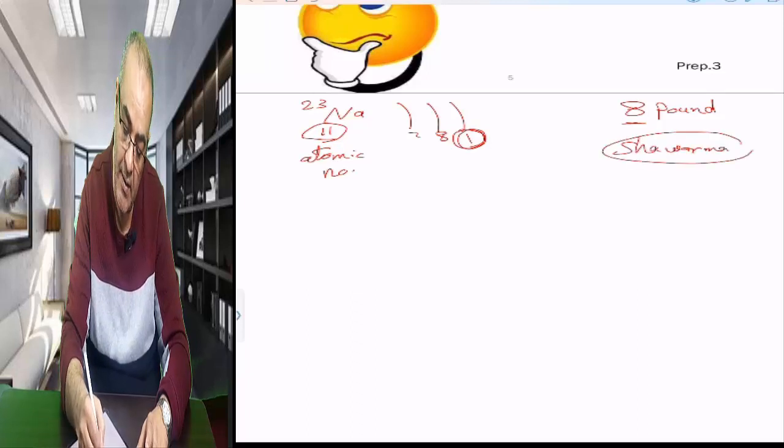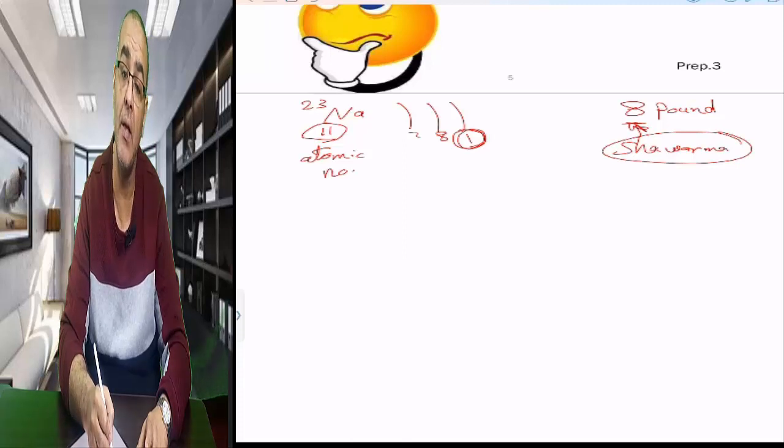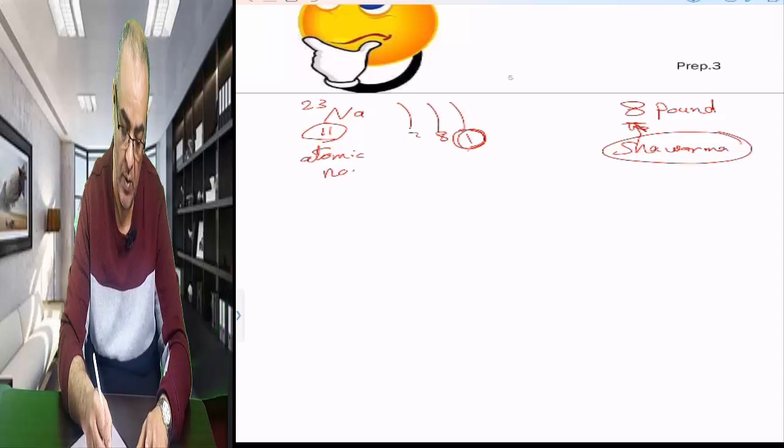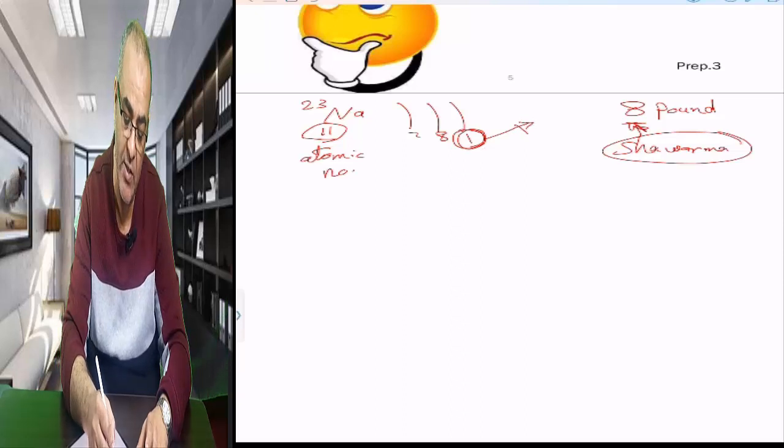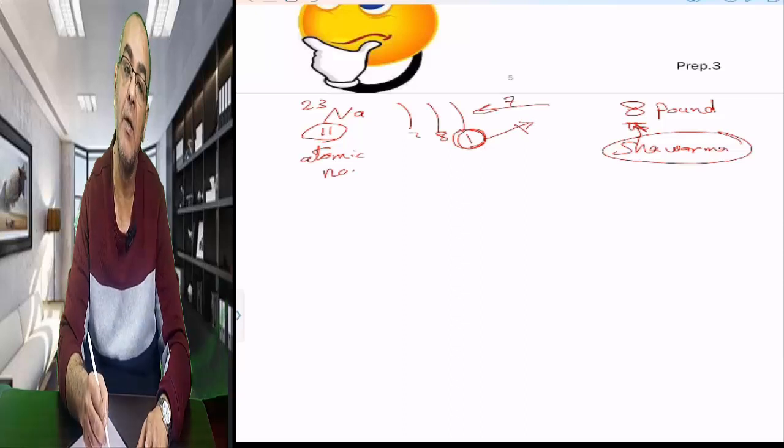It costs 8 pounds. You have 1 pound only. So the easiest way is to withdraw this one, get rid of this pound, or withdraw 7 electrons.